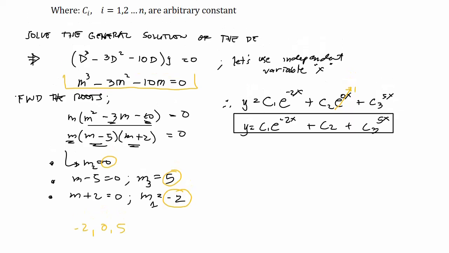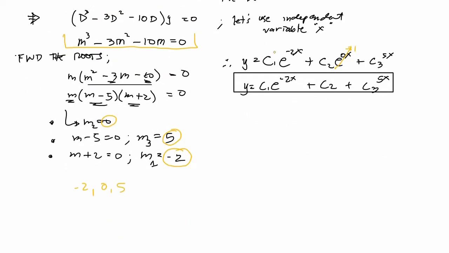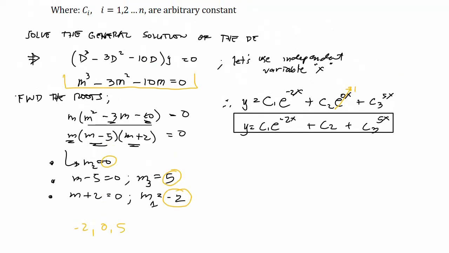And we use those distinct roots, negative 2, 0, and 5, as our roots in our general solution for case 1. So since we have these three distinct roots, c sub 1 e raised to negative 2x, and then 0x, and then 5x. Okay, and then we cancel that out and simplify and get the general solution.